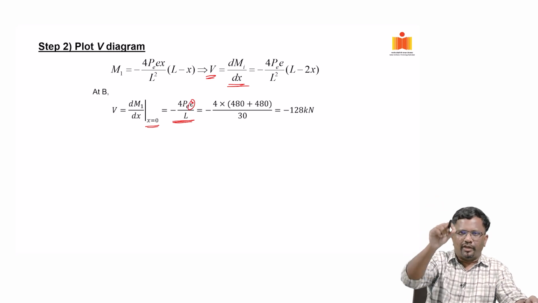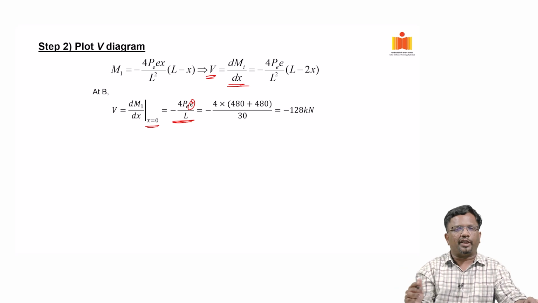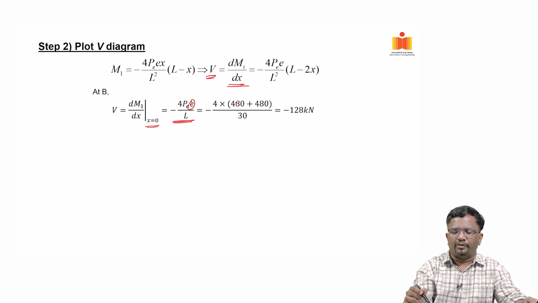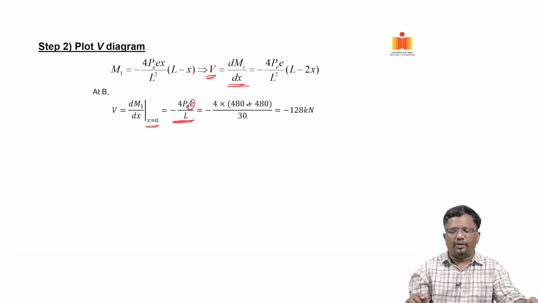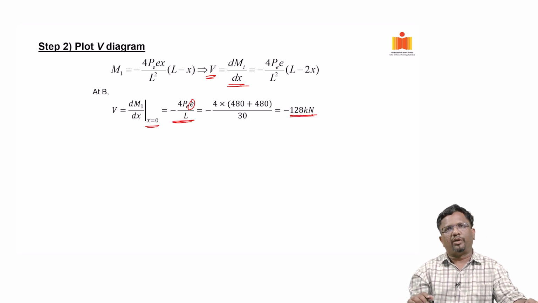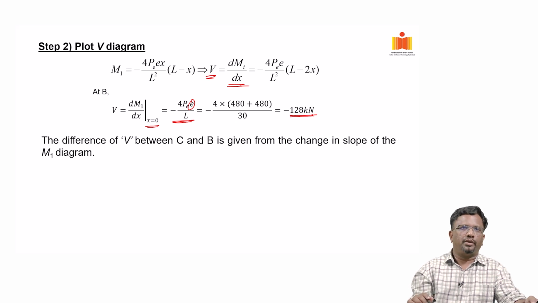Now that I have linearly transformed the cable profile for quick approximate calculation without changing the curvature, this PE into e is nothing but the moment at these 2 points. So, you can see that it is going to be 480 plus 480, that is the total summation, divided by 30, which is the length. Then you get a shear of negative 128 kilonewton.